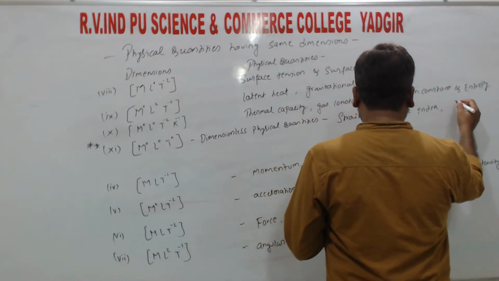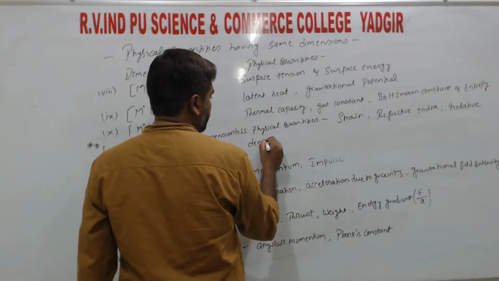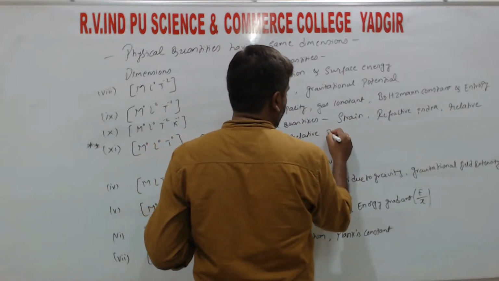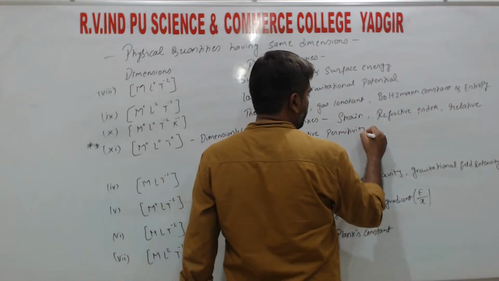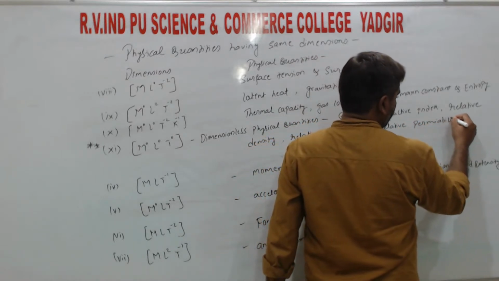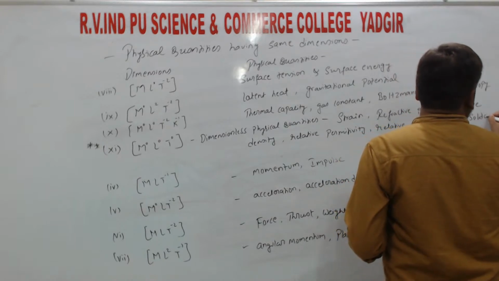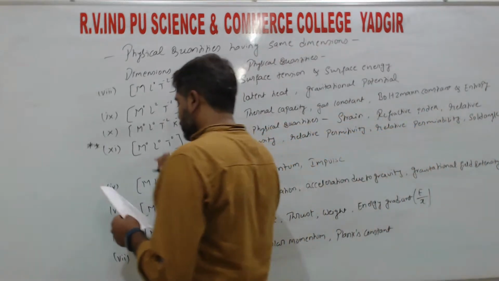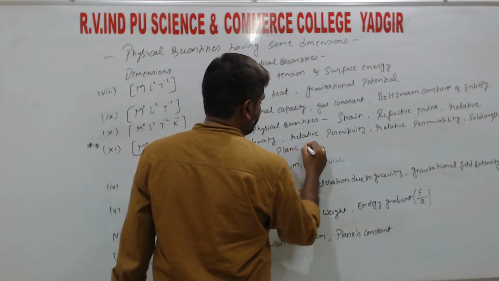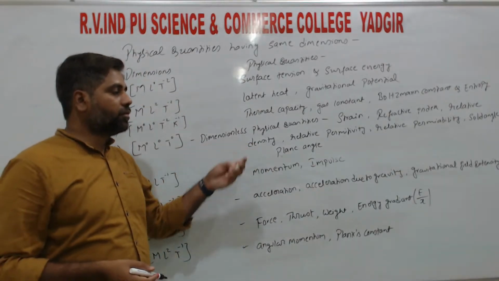So second year we discuss quantity refractive index, relative density, relative permittivity, relative permeability, solid angle and normal plane angle, right? So these are the physical quantities which have no dimensions.